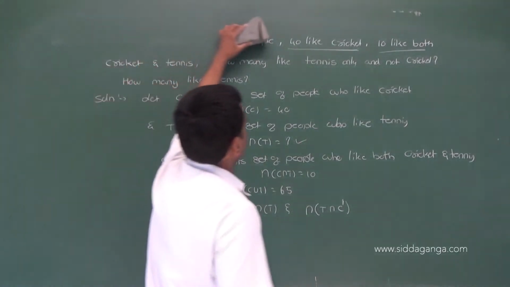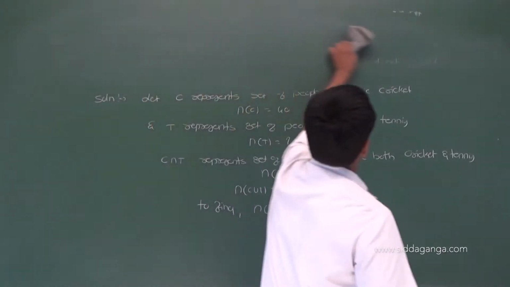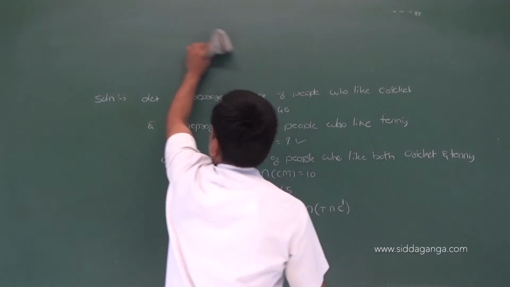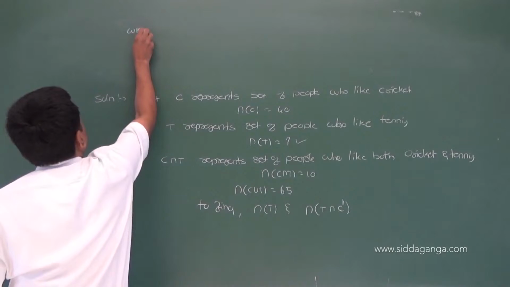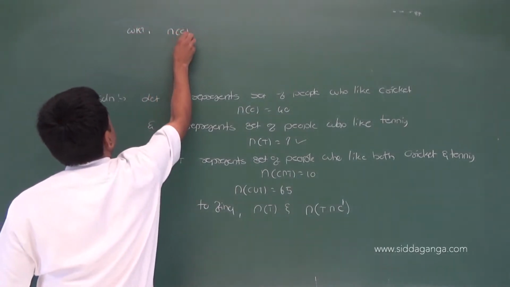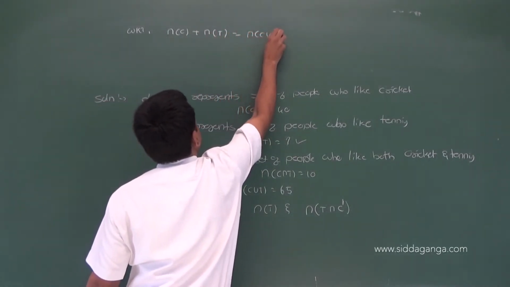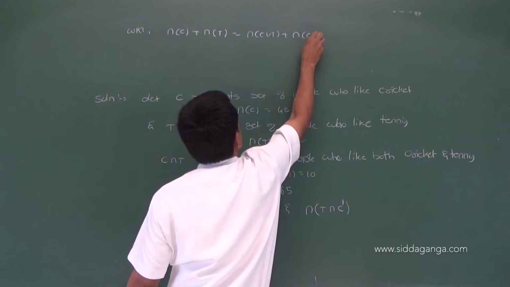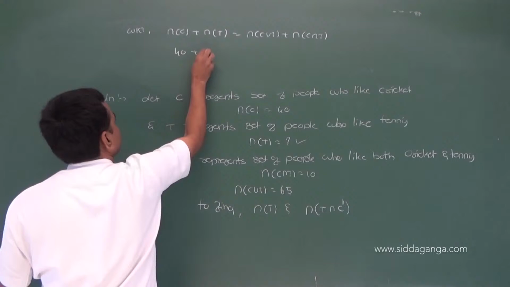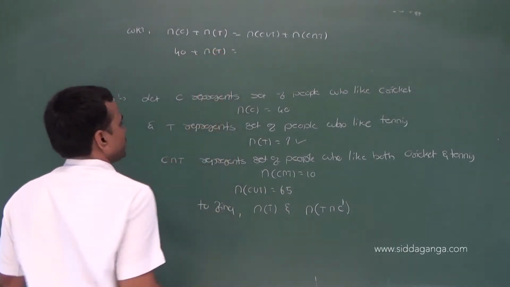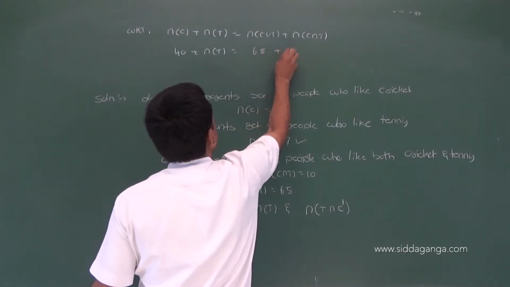So we know that formula. We know that n of C plus n of T is equal to n of C union T plus n of C intersection T. Substitute all the values. 40 plus n of T is equal to n of C union T, 65, plus 10.